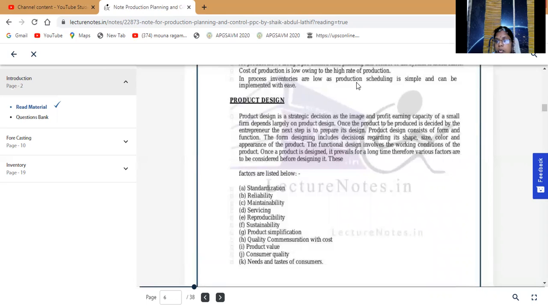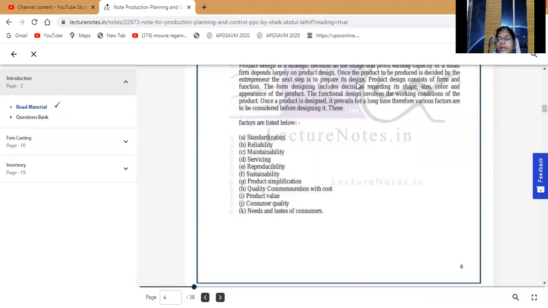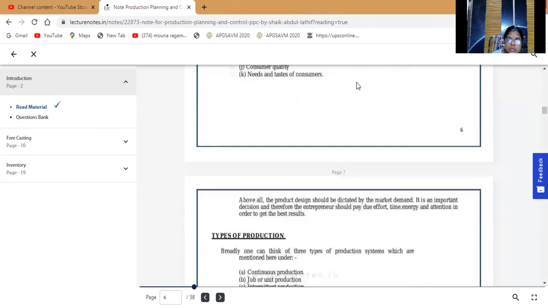Therefore, various factors are to be considered before designing it. When we want to design a product, we definitely have to fix how it is designed, and we should follow certain factors. Before designing the product, we have to follow some factors like standardization, reliability, maintainability, servicing, reproducibility, sustainability, product simplification, quality commensurate with cost, product value, consumer quality, and needs and tastes of customers.